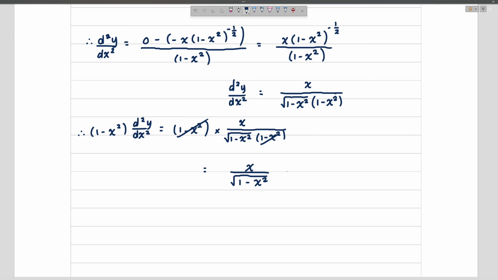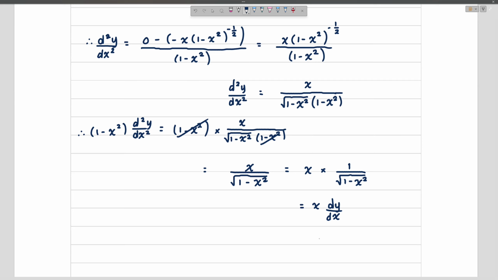So if I write this here as x times by 1 all over the square root of 1 minus x squared here, this is just the same then as x dy by dx, right? This result here is just dy by dx from part A. So this gives us x dy by dx here.